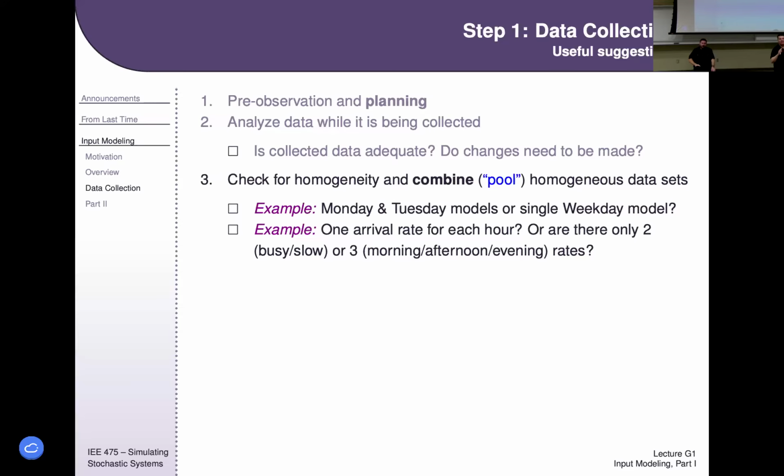But you can only do that if you're confident that the distributions of those hours are very similar to each other. So it might be that the arrival rate for 10 a.m. and 9 a.m. look very similar, but 11 a.m. starts looking different. So there are statistical tools that allow you to compare.